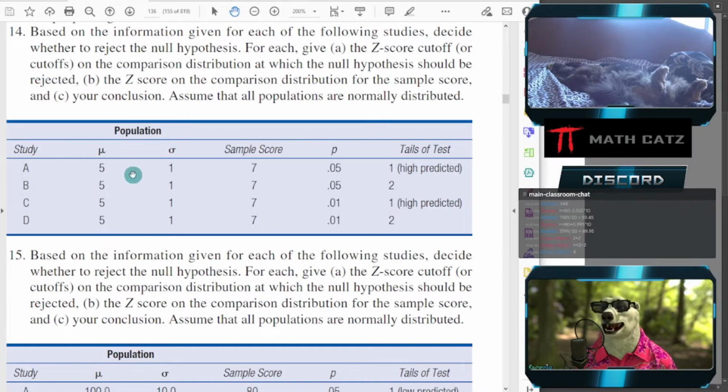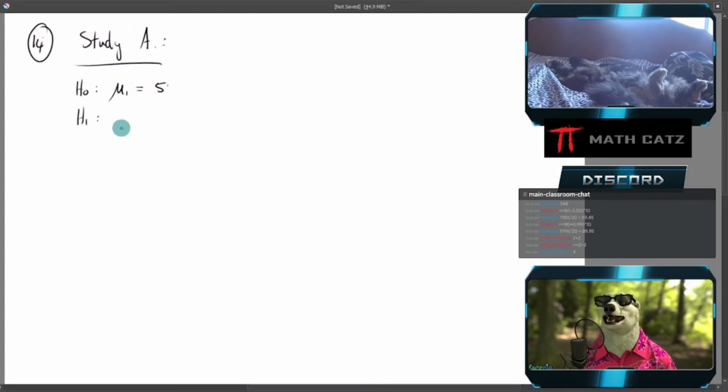In this study A, we are predicting that it's higher, and so we have a one-tailed test. So our research hypothesis will reflect that it's in fact greater than 5.